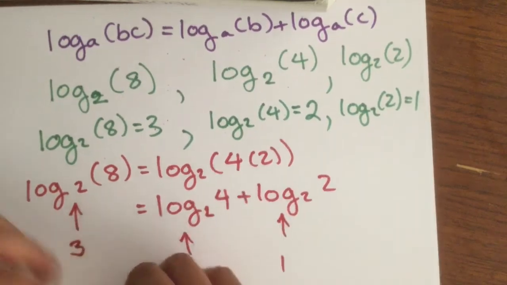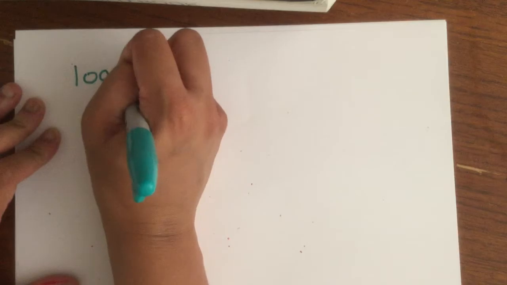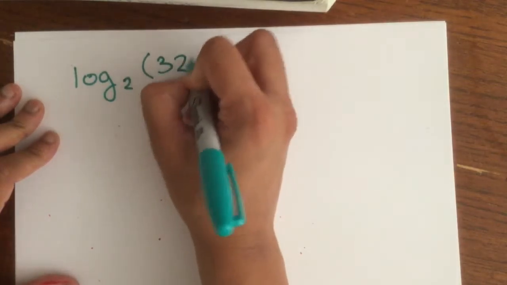Another thing we can look at is a simplified version that uses looking at something raised to a power as a product of the number a whole bunch of times, which is what it is. So let's look again at log base 2 of 32.